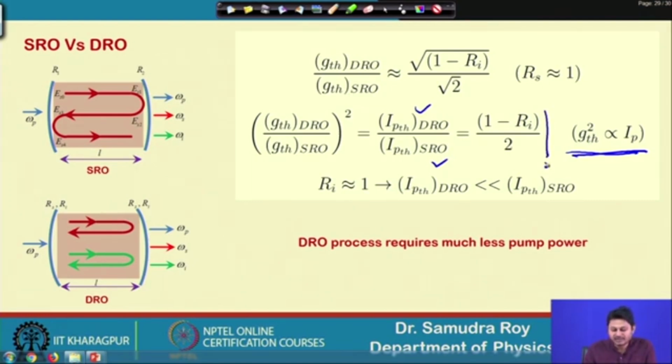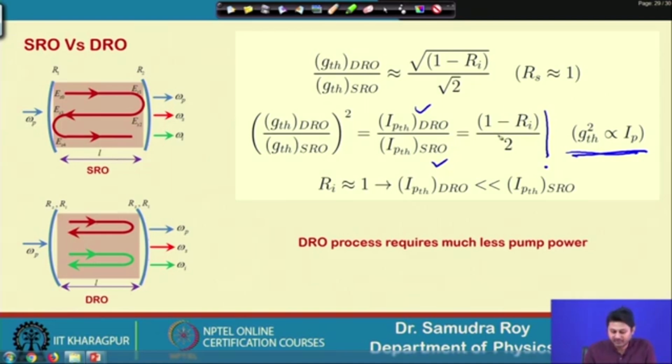Now you can see that Ri is a reflectivity coefficient, and this reflectivity coefficient for this field Ei, or the frequency omega i, should be very close to 1. So, if this quantity is very close to 1, the numerator is very small.